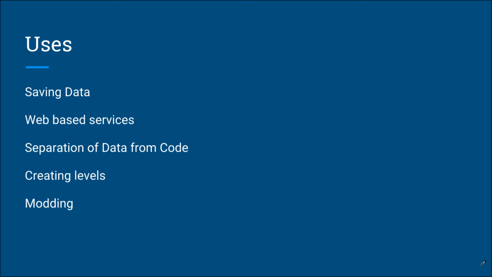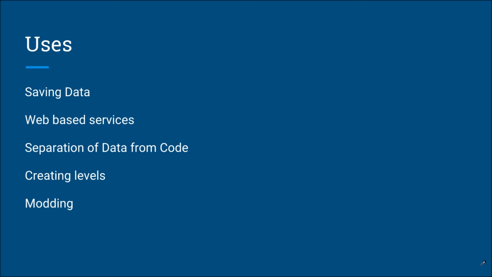And this separated data can be easily modified or edited by your game designers as it is in the form of a file. Another use case is that you can also design and save your whole levels in the form of a file instead of making it a Unity scene.